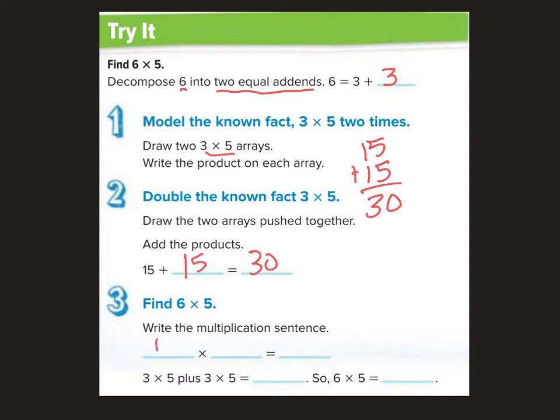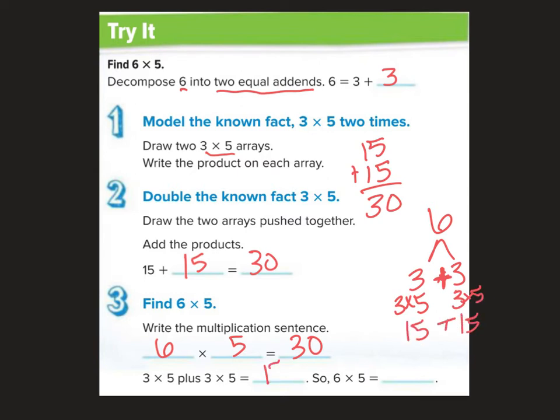So then I know that 6 times 5 is also 30, because I cut 6 in half, 3 plus 3. So if I do 3 times 5 and 3 times 5, I'd get 15 plus 15. And honestly, if it's ever a 5, what are you probably going to do anyways? Count by 5s, but this is a pretty cool little trick.